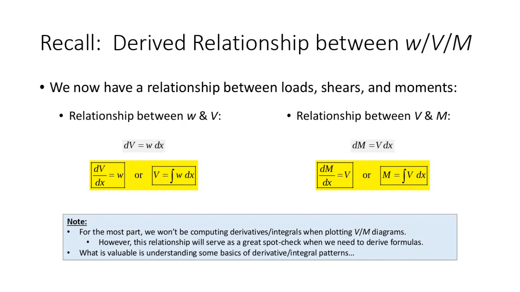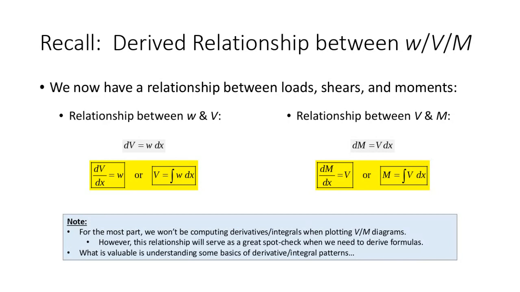And then once you have your shear diagram, you determine the area of the shear diagram, and so you're integrating the shear diagram to generate your moment diagram. And then you can use the flip side of that relationship to ensure that your values make sense. So our moment diagrams from the last lecture were linear, and the slope of those linear portions matched the values on the shear diagram.